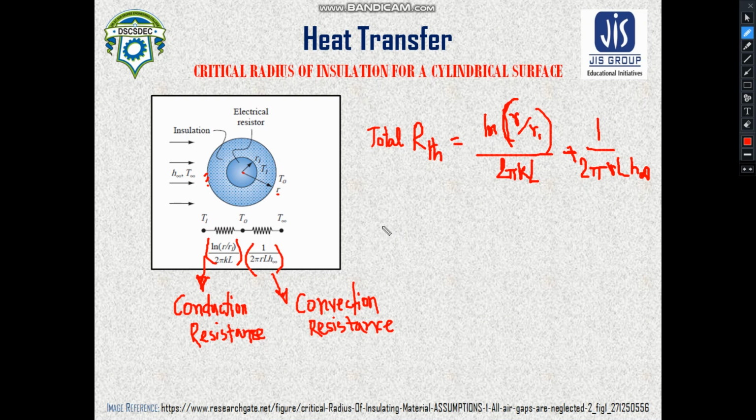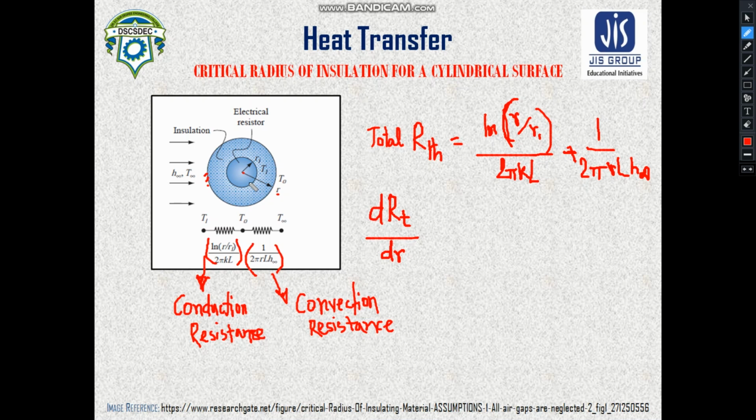So how can we do that? We can simply do a differentiation with respect to the radius r, because this r is our outside thickness, this r is our insulation thickness.